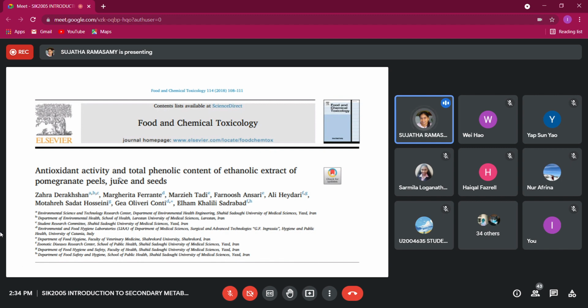Bukan terlalu berbeza, tapi the intensity will be different. The activity might be different. Mungkin juice will give a good antioxidant activity compared to peels and seed. So then they can recommend which one is actually a good one for you to consume to get a good benefit of antioxidant. Okay, so this have been done by a researcher from University of Medical Science, Iran, and published in Food and Chemical Toxicology in 2018.